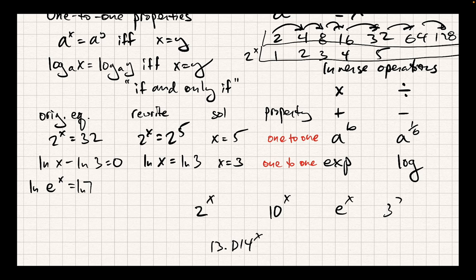So to undo those, we would want to use logs of different bases. These are different bases of the exponent, so we would want to use logs of different bases to be the inverses of those.